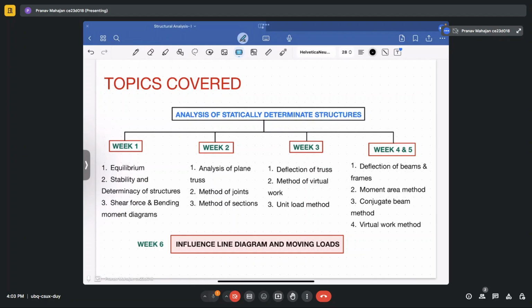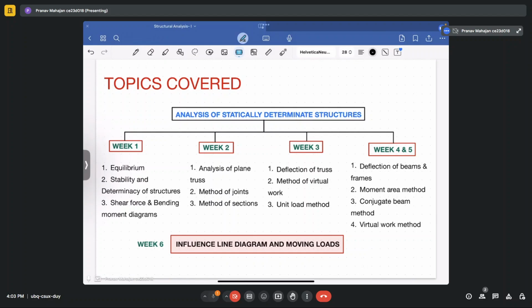We solved those problems using the method of joints as well as the method of sections. To solve the unknown forces in the truss members, we take a particular joint and apply equilibrium equations, and the number of unknowns should be less than the number of equilibrium equations. Then the method of joints is applicable.